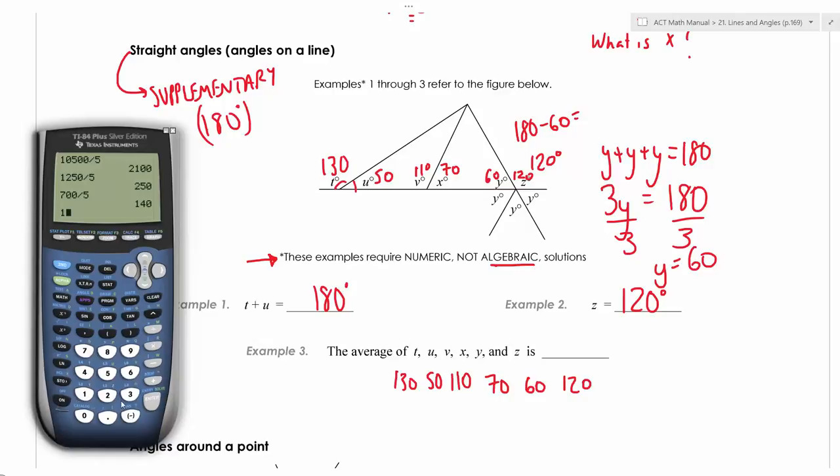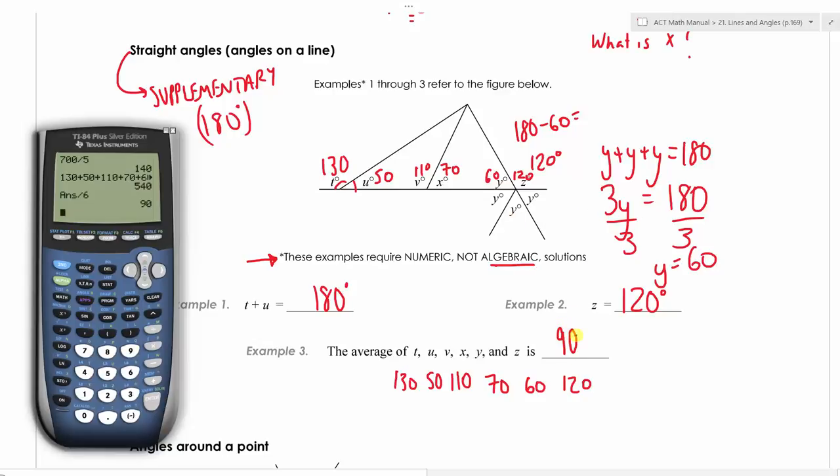I wouldn't even think about calculating that in my head. So 130 plus 50 plus 110 plus 70 plus 60 plus the 120, and hit enter, and we divide by 6 angles because that's how many we have, and we get 90. So the average is 90.